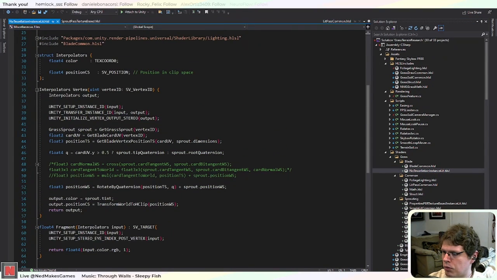Okay, so the get blade. Okay, and the position in tangent space. Let's see.